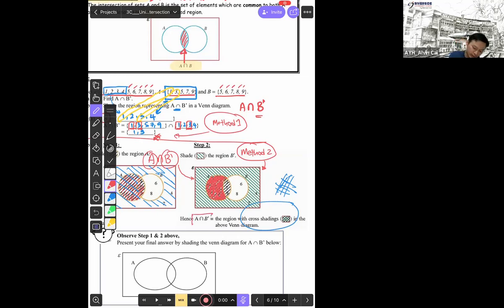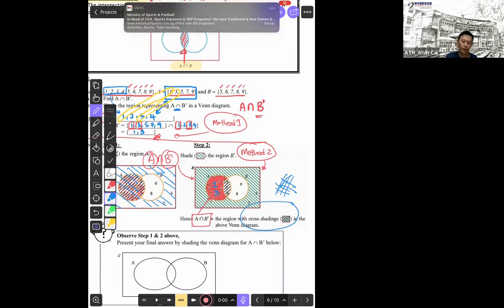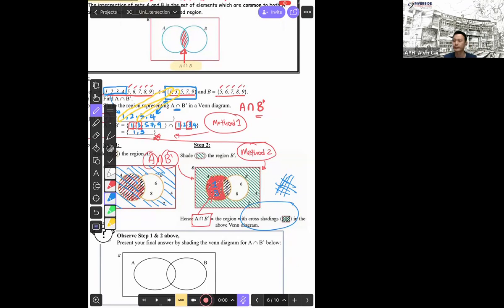So this is A intersect B complement. And if you look at the diagram, because I shaded over here, the numbers inside there are 1 and 3. So therefore that's the common element that they have for both.